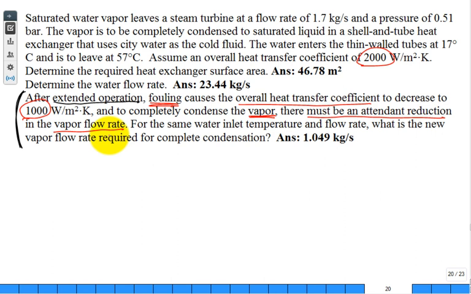So they're going to reduce m dot of the hot fluid. It's going to go down, for the same water inlet temperature and same water flow rate. Now, did that say the same water outlet temperature? No, just the same inlet temperature of the water and the same water flow rate. What's the new vapor flow rate required for complete condensation?